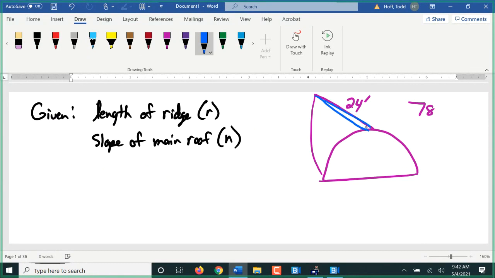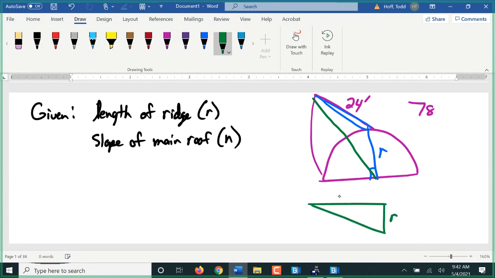And then the vertical radius here, R, is going to form a right triangle there. If I draw that off, it's going to look like this. This is L, that's the length of the ridge. Well, this is 24 feet. This side here goes up the slope of the main roof. That is going at that 8/12 slope. So it's going to be equivalent to this, 8 over 12 like that.